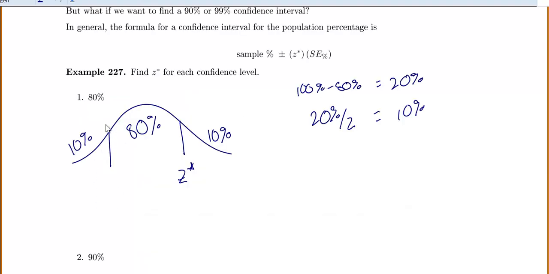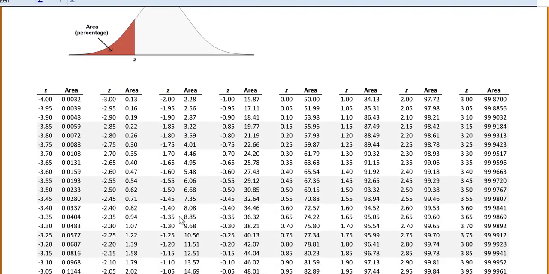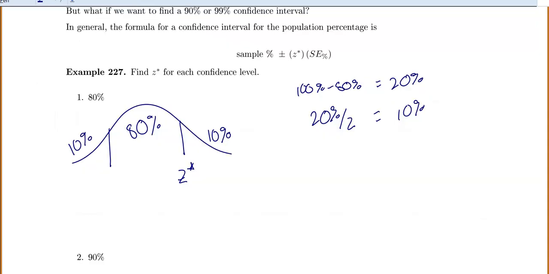Remember, we're not going to find it exactly, we're just looking for closest. I think this one would be closest, 9.68%, z is negative 1.30. Now due to symmetry, z star would be equal to positive 1.30. So my final answer is z star equals 1.3.